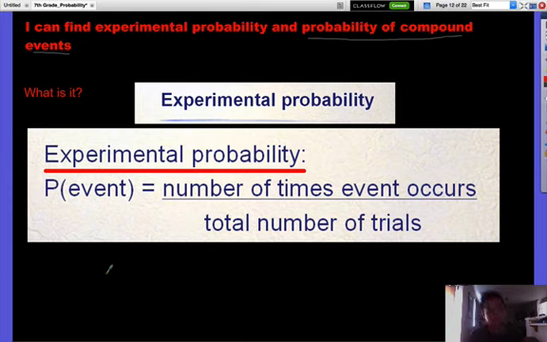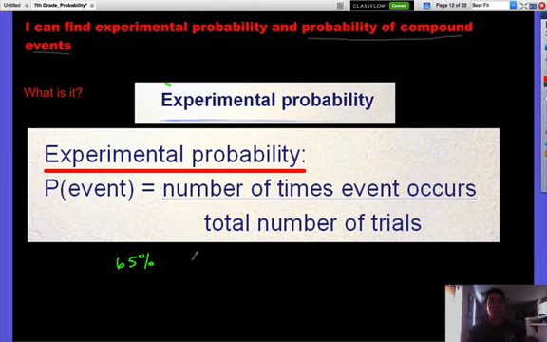So, for example, I know the NBA finals are going on right now. If you have a free throw shooter, let's say over the season he is a 65% free throw shooter. That 65% could include the number of attempts and the number made. So that's the ratio comparison between how many tries and how many times he made out of that total.